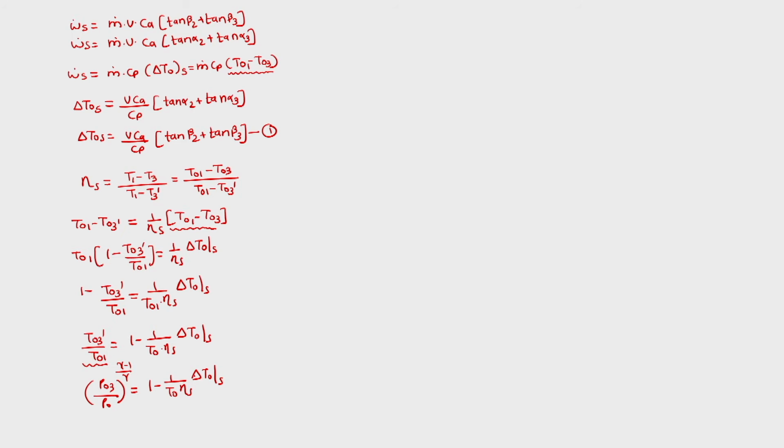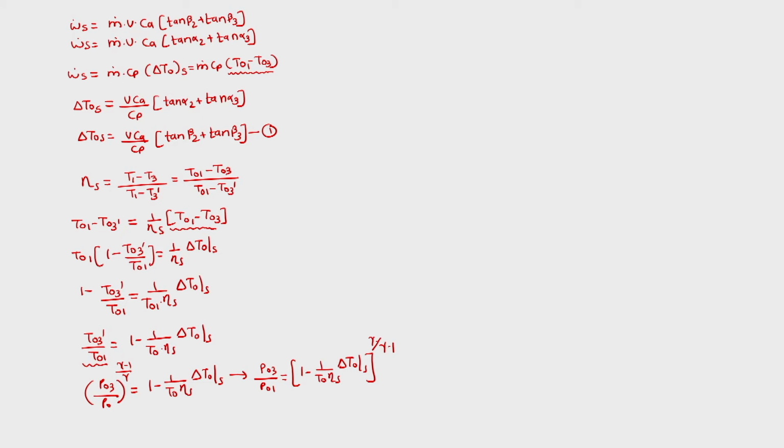So we can write P03 upon P01 is equal to 1 minus delta T0 stage upon T01 into stage efficiency, bracket raised to gamma upon gamma minus 1. So this is how we can find out the pressure drop in the turbine by virtue of work interaction in the turbine. Here we would need the help of equation 1 to put the delta T0 stage.